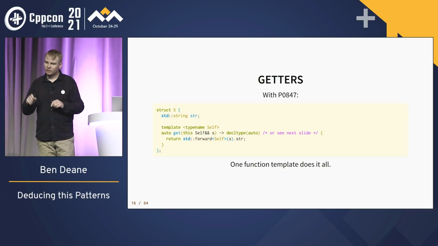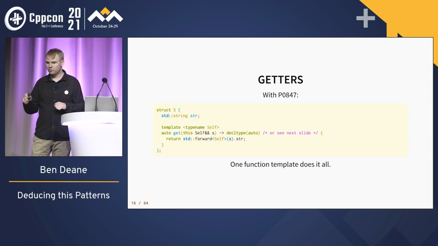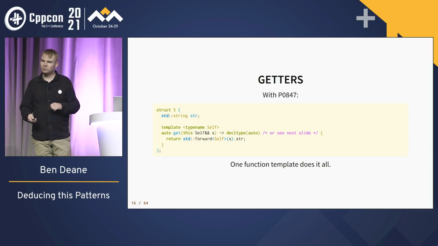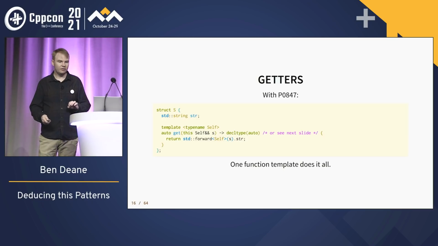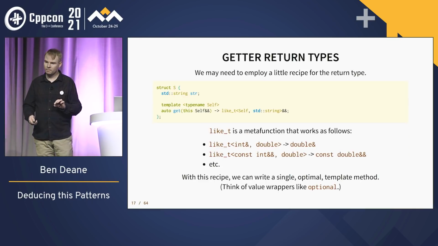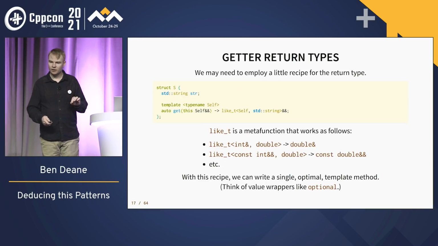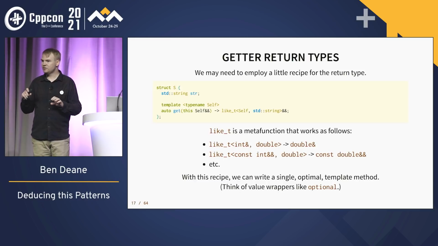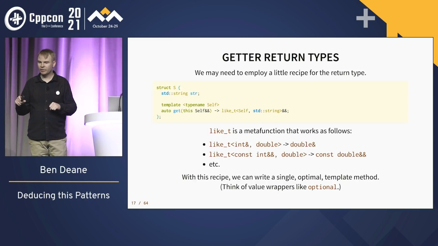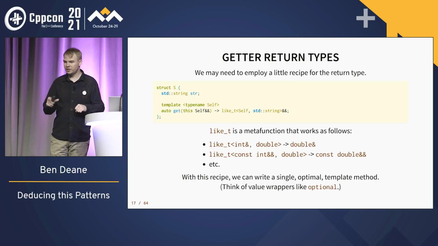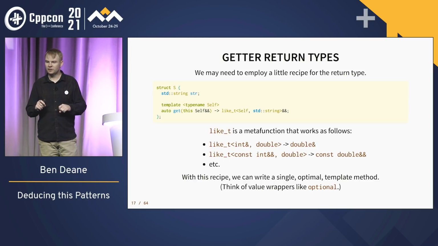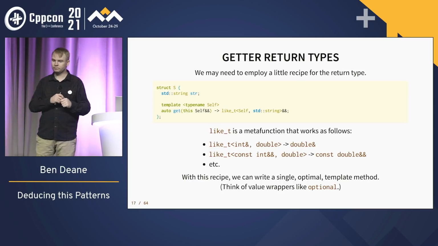As for what to return here, I put decltype(auto) or see next slide, because there is a little recipe for the return type that may need to be employed. It's this thing like_t. What like_t does is a little metafunction, if you need it, that basically applies the reference qualifiers and the top-level cv qualifiers from the one type to the other type. This is how it works by example.